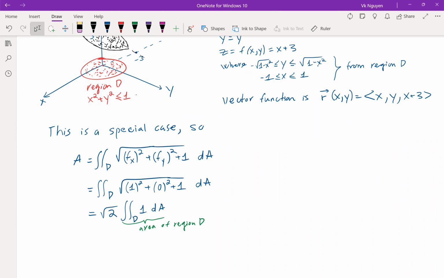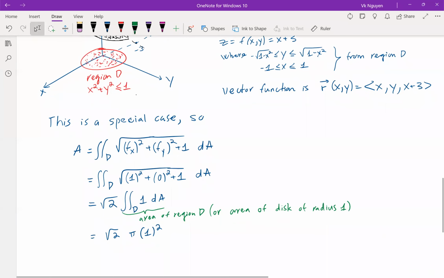So the area of a disk of radius 1 is root 2 pi, or the area of this disk of radius 1. So root 2 pi.